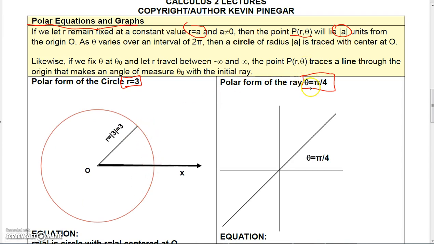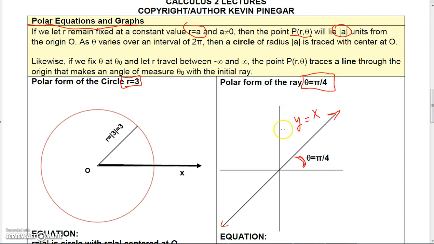And there's no radius bound, so this line goes on forever and ever in each direction because r is not bounded. But it's got to go through at an angle of theta equal pi over 4. That would basically be the line y equal x, but it can be defined with this formula, theta equal pi over 4.